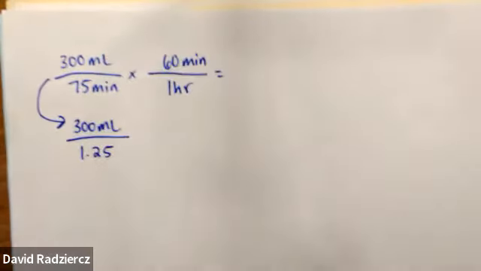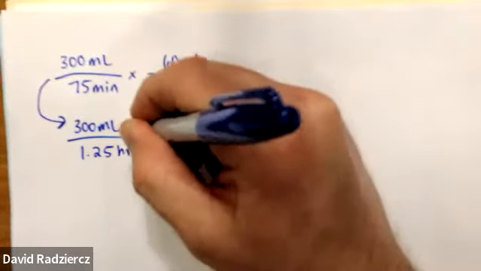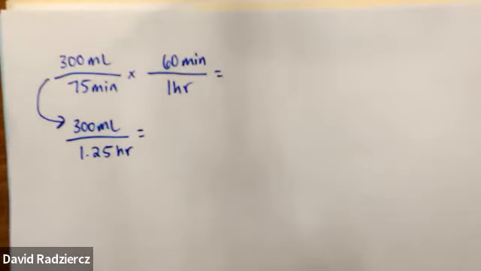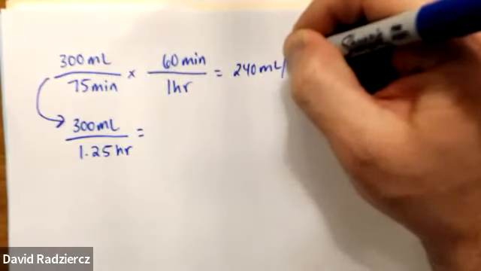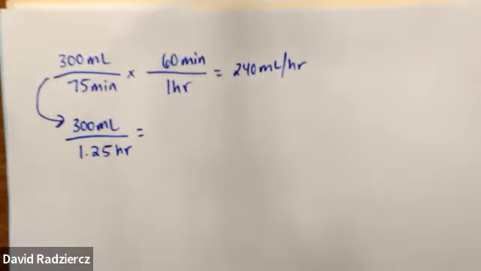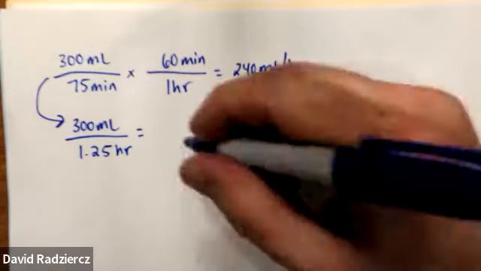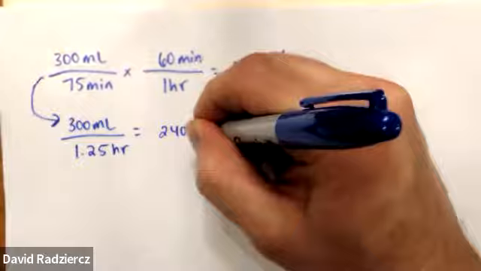You'll get the same answer no matter how you do this. So 300 times 60 divided by 75 will give you 240 milliliters per hour. And then 300 divided by 1.25 will also give you the same answer, 240 milliliters per hour.